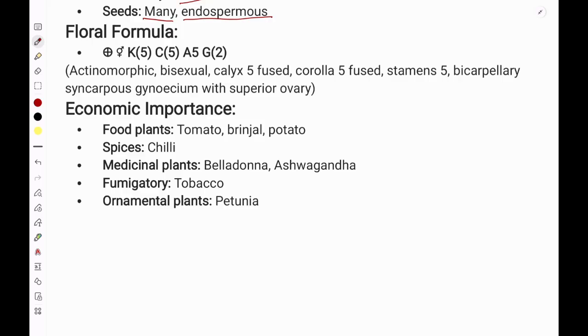They are medicinal also, such as ashwagandha. They are fumigatory, which means they are used as hallucinating agents such as tobacco. They are also used as ornamental plants, for example petunia.